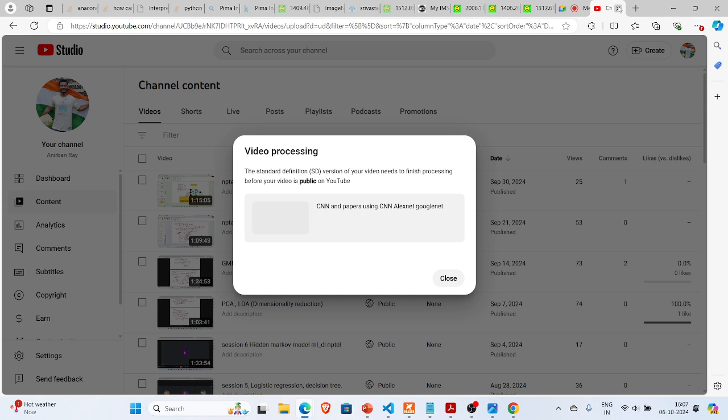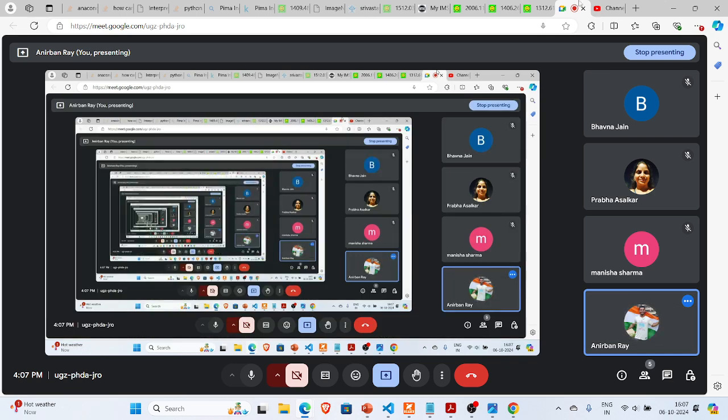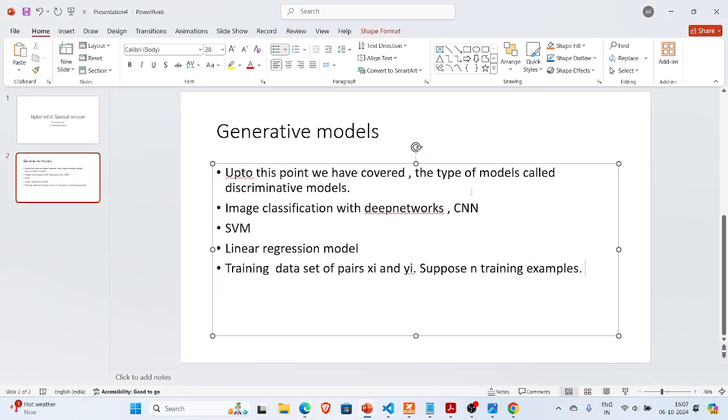I will again give the introduction: up to this point, what we have covered are the discriminative models, like CNN for image classification, SVM for simpler classification, and linear regression as well.